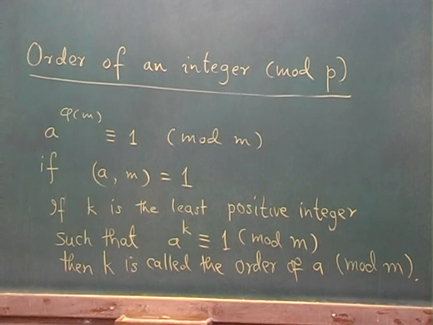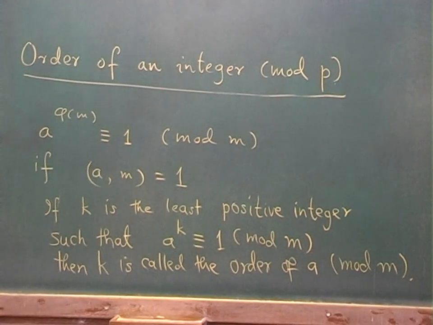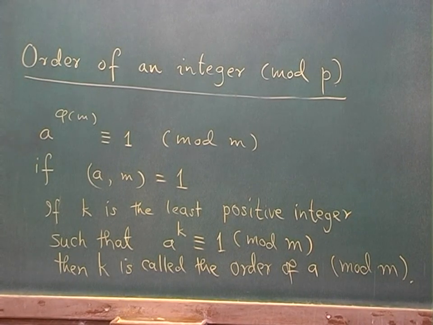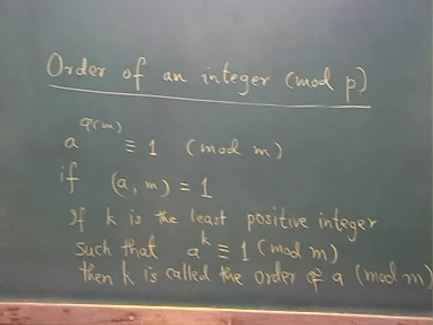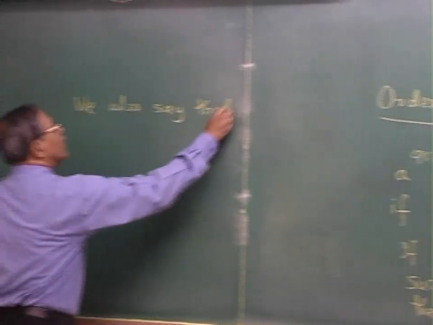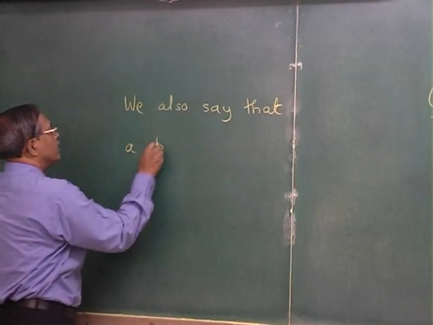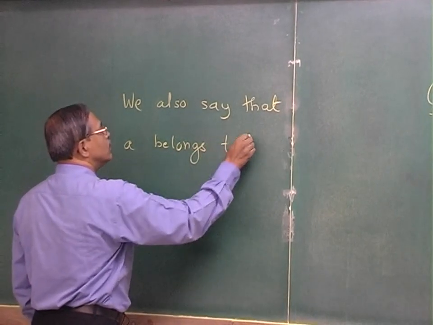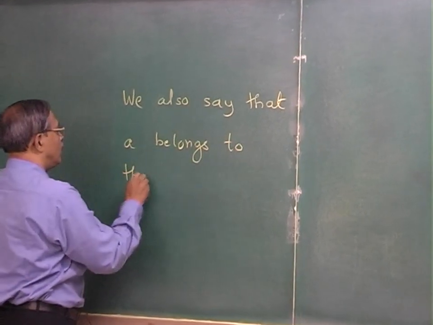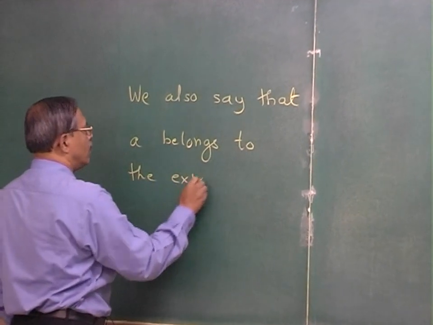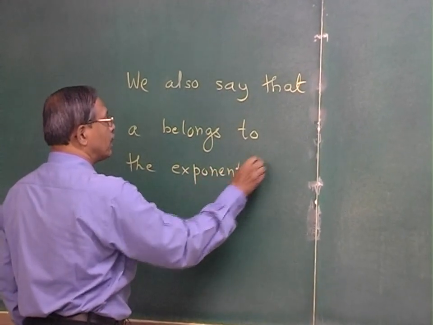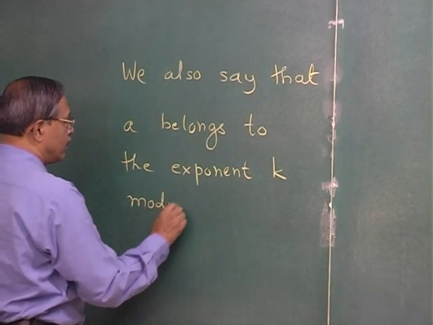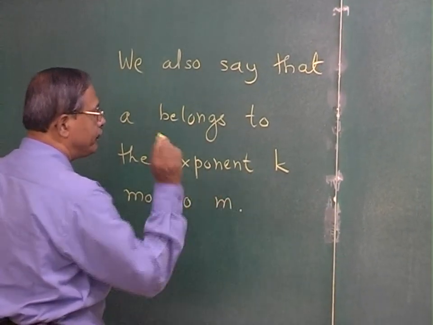The other way of saying this is that A belongs to the exponent k modulo m.